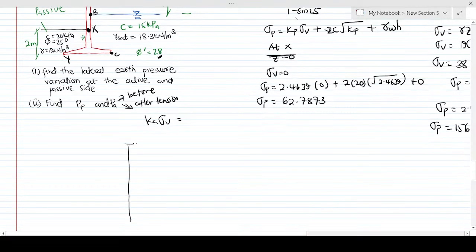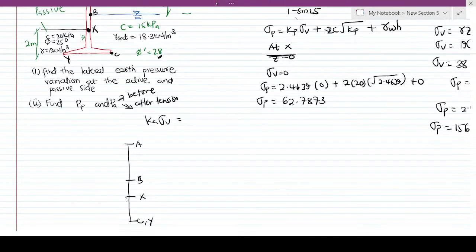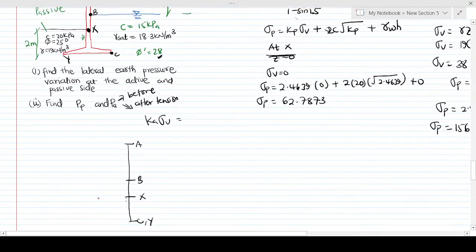So this is A, this is B, and this is C. And at the same time, this is my X, and this is my Y. So at my X, we add a lateral stress to be positive. So it's in this direction.